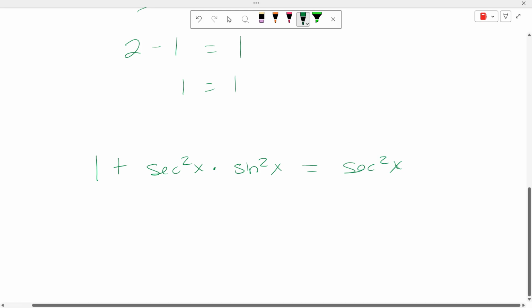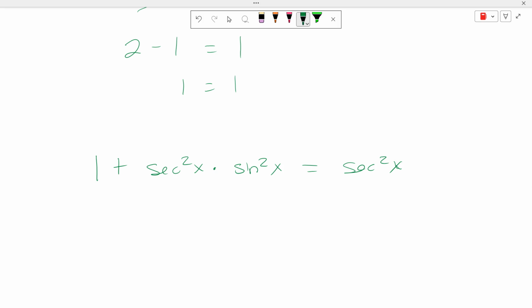And you're going, how do I get 1 plus and sine squared of x? How does that just disappear? Well, it's not so much making this disappear, but I might need to change the secant squared so I can get the other stuff to disappear.